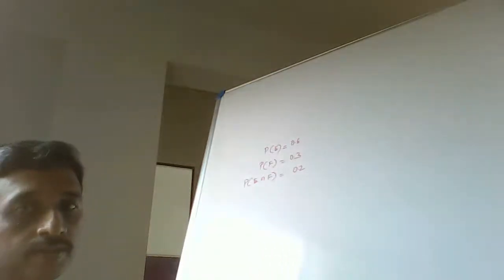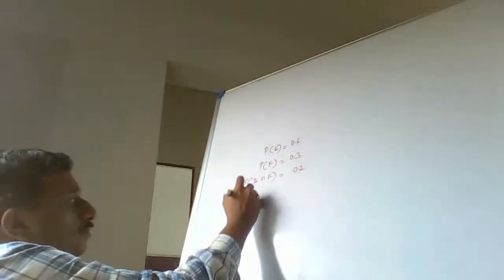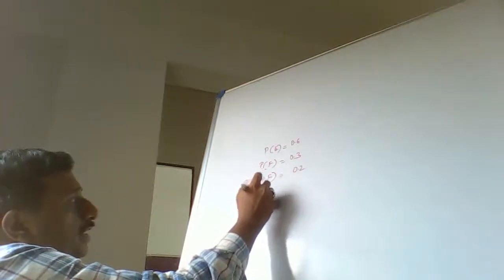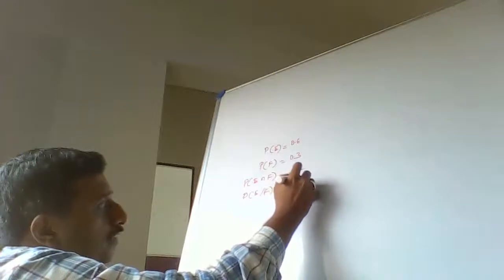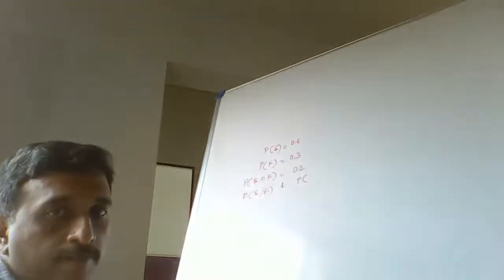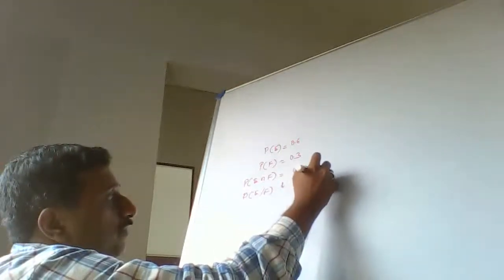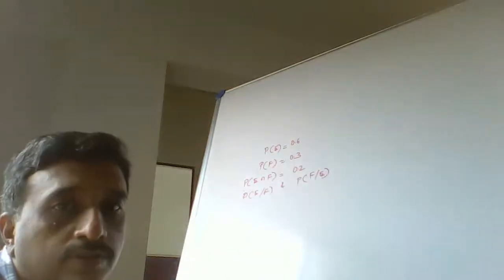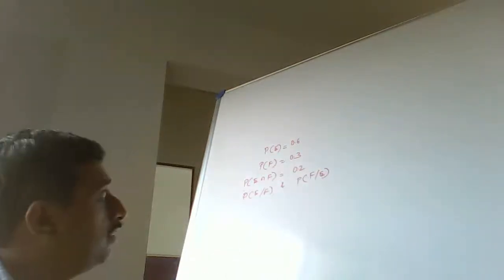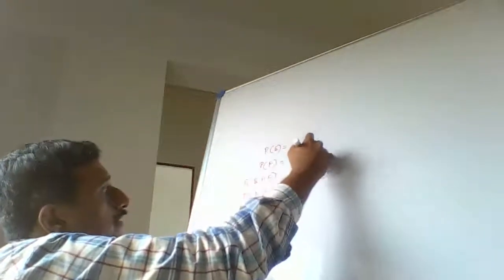Let us find what is P of E given F, and also P of F given E. How to solve this? Given is this and this and this.